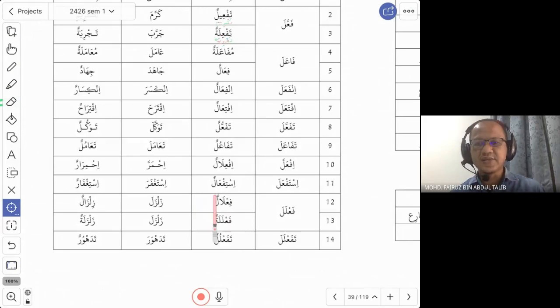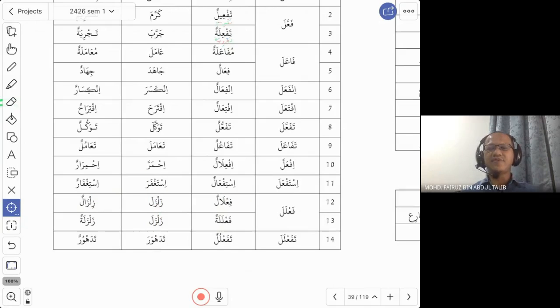Istif'al. The example is istaghfara. Mudari yastaghfiru, yastaf'ilu, yastaghfiru. And the masdar istighfar. Istif'al.